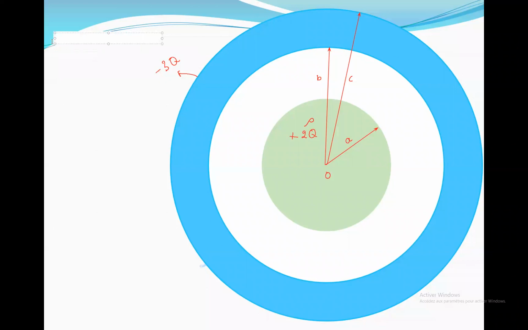So we can say, because of the presence of a charge inside the shell, we get a new distribution.